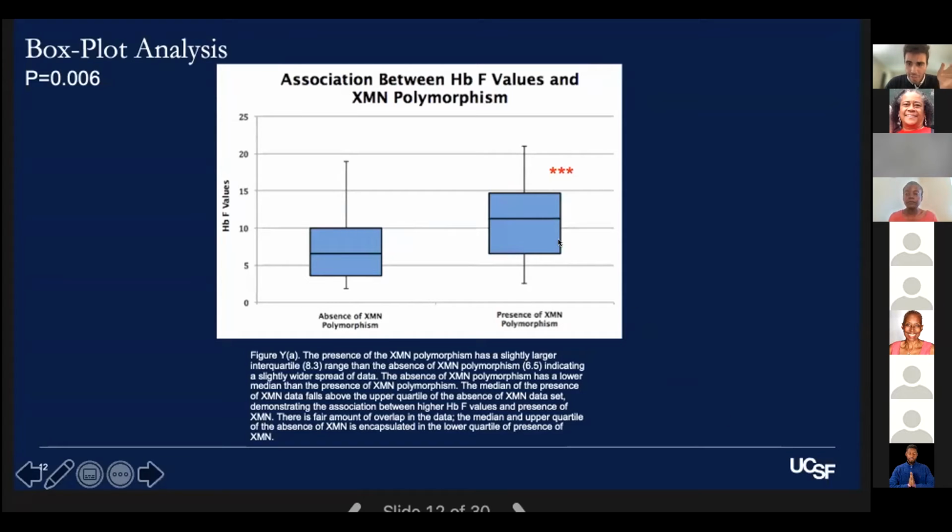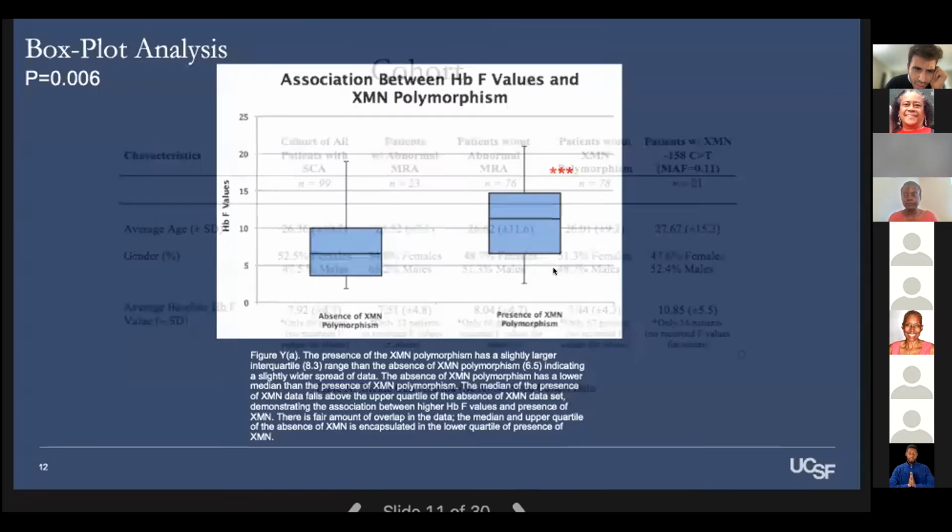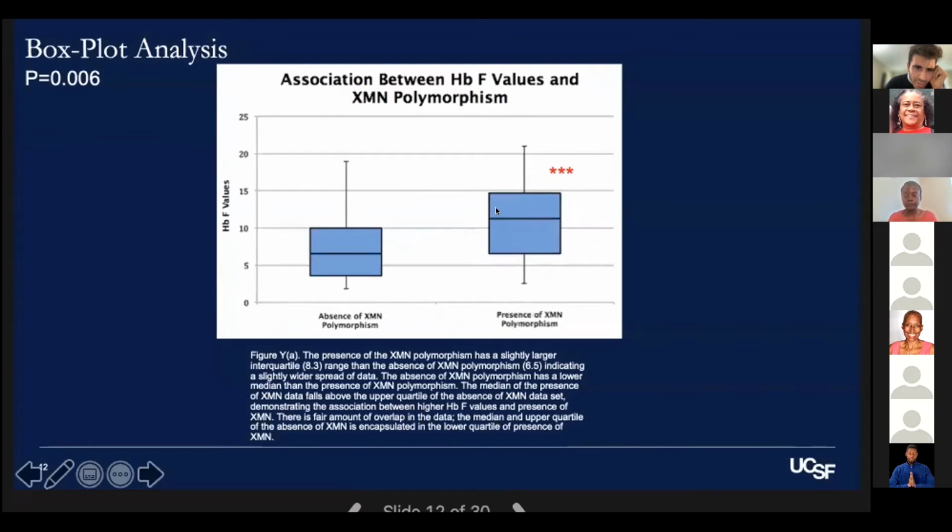So the average of people with this XMN polymorphism was around, what did we say it was? It's around 12%, about 12, 13%. And if you had an absence of this polymorphism, your hemoglobin F levels were about 7%.